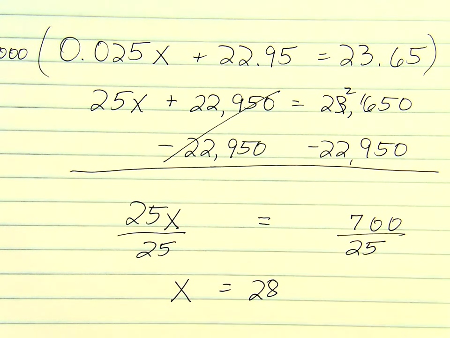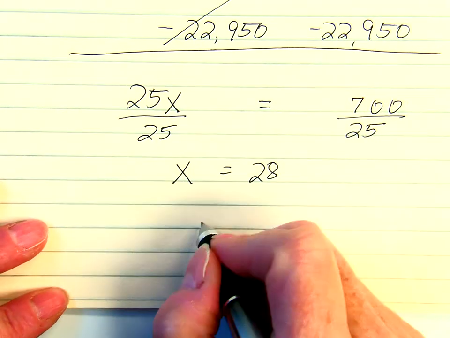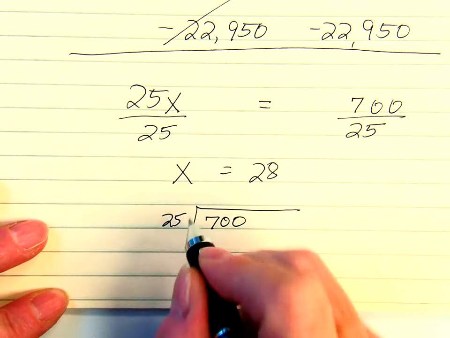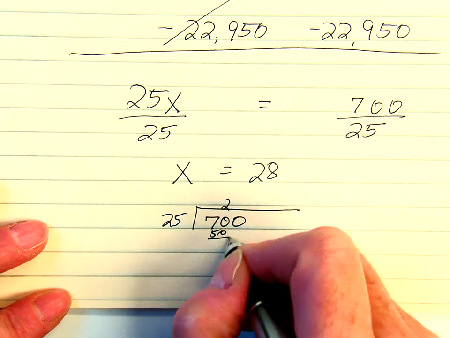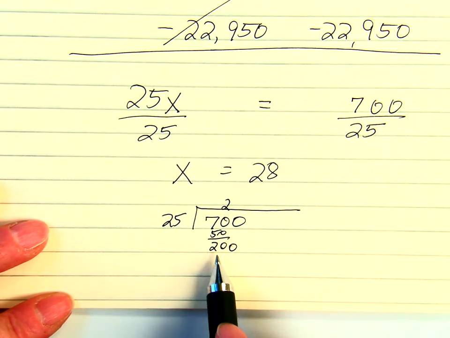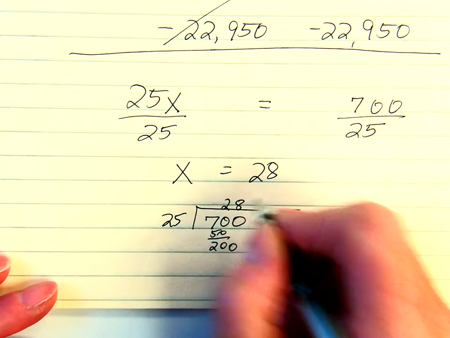I could have also done a little bit of division and said 700 divided by 25. 25 will go into 70 twice. That's 50. That leaves me with 200. And I do know that there are 4 25s in 100, so 8 25s in 200.